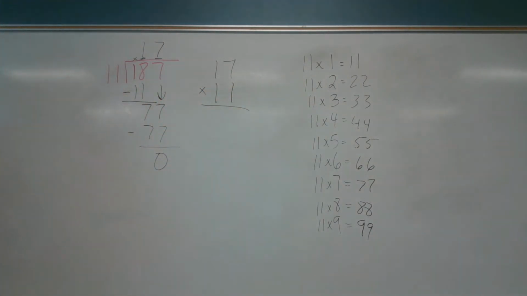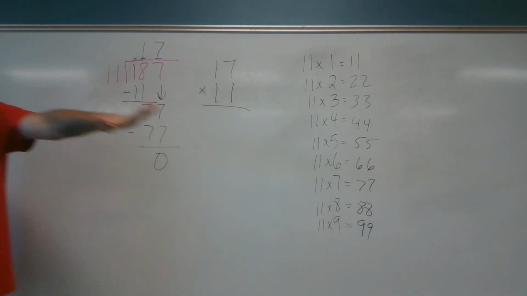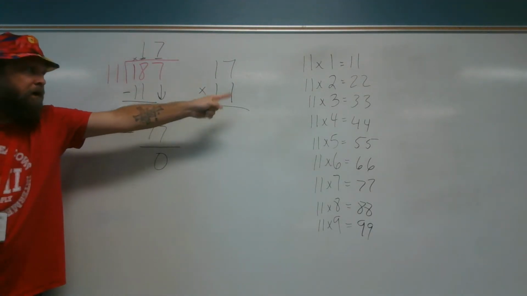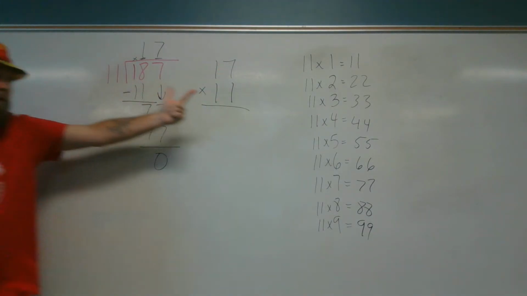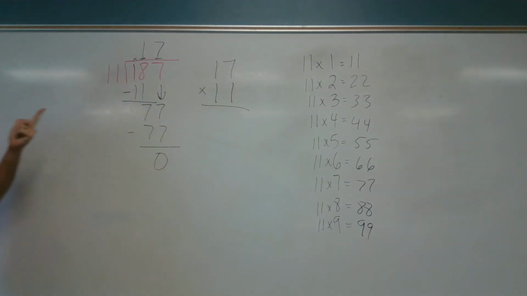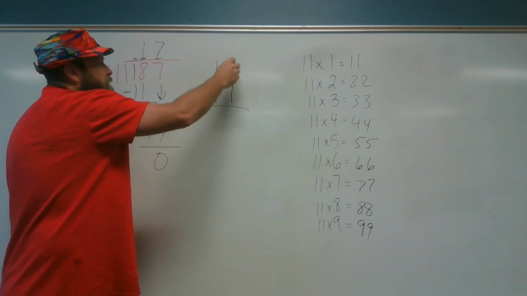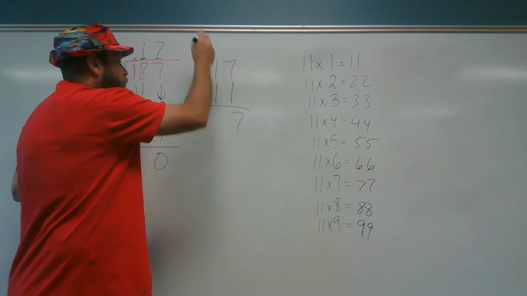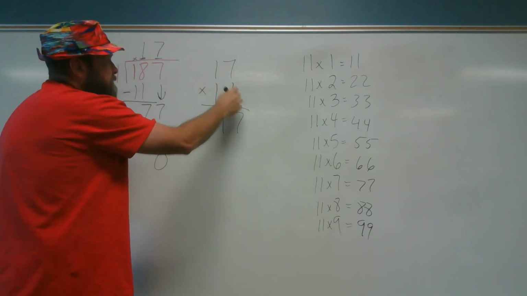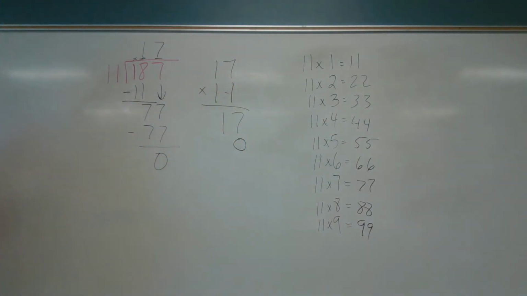And if I do all of my math right, which is one-digit multiplication here and then following my multiples here, then my product should be 187, if I did it right. It is. And now I'm doing my ones place. 1 times 7 is? 7. 1 times 1 is? 1.